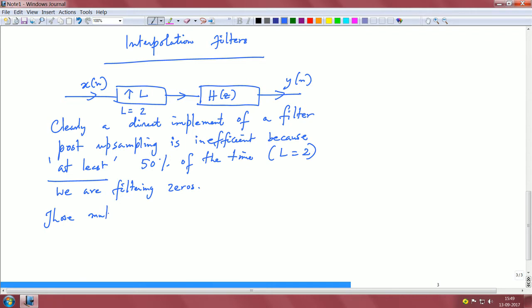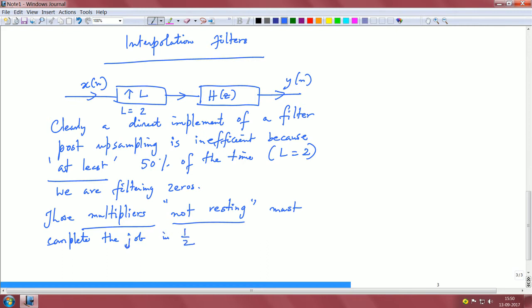So this is inefficient, and those multipliers are not resting, must complete the job in half the time, because the output of the delay elements will change with time, right.